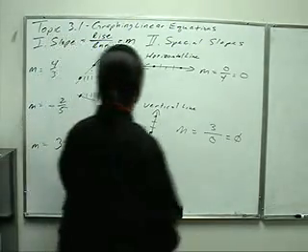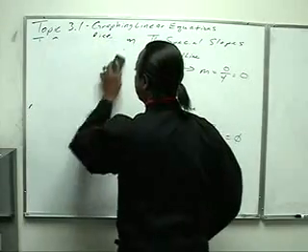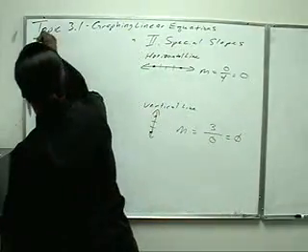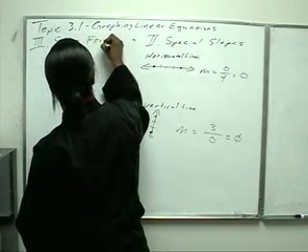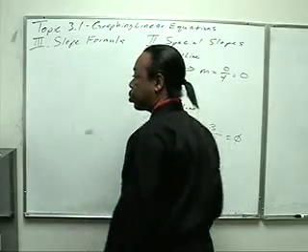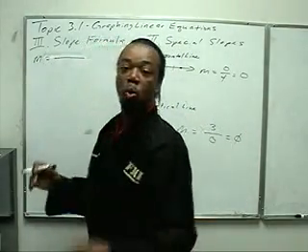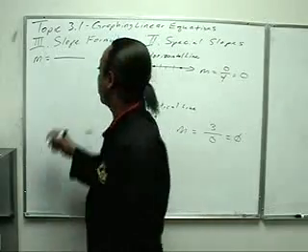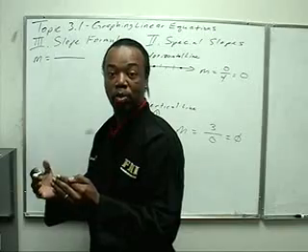Next, the slope formula. The slope formula is made out of the y's in order to get the rise. You take the y's from the points. Points have x and y coordinates.